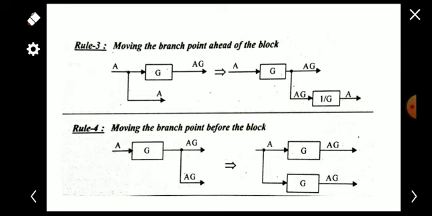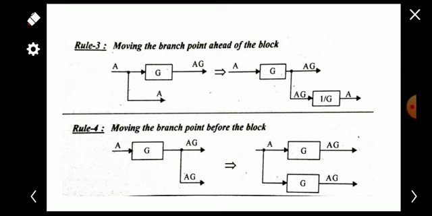So for getting that, we just add a 1 by G block in the same line. That is, when we are moving a branch point after a block, we have to eliminate the block from this line, so we add a 1 by G. We are getting AG here, and if this AG is multiplied with 1 by G, it becomes A. So we are getting AG and A as the signals. There is no change compared to the previous figure.